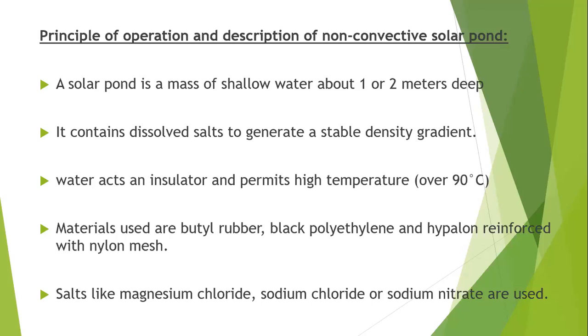In salt gradient solar ponds, dissolved salt is used to create layers of water with different densities. The more salt you use, the denser the water will be. The concentration of salt at the surface is low, usually less than 5% by weight, so the water is relatively light.